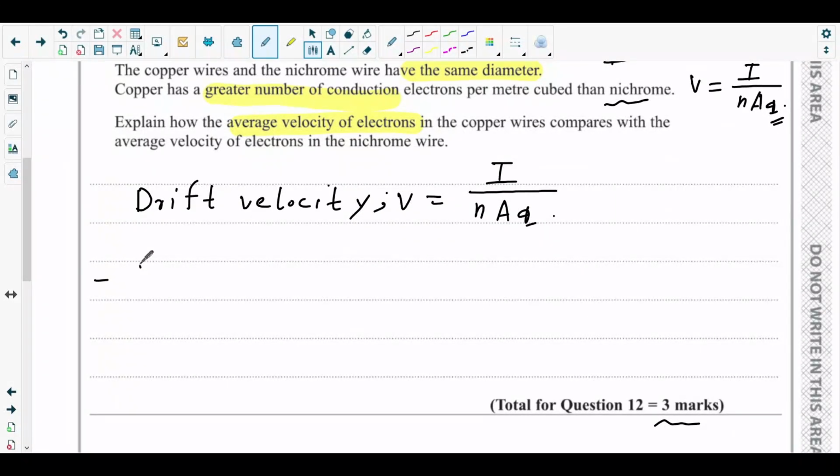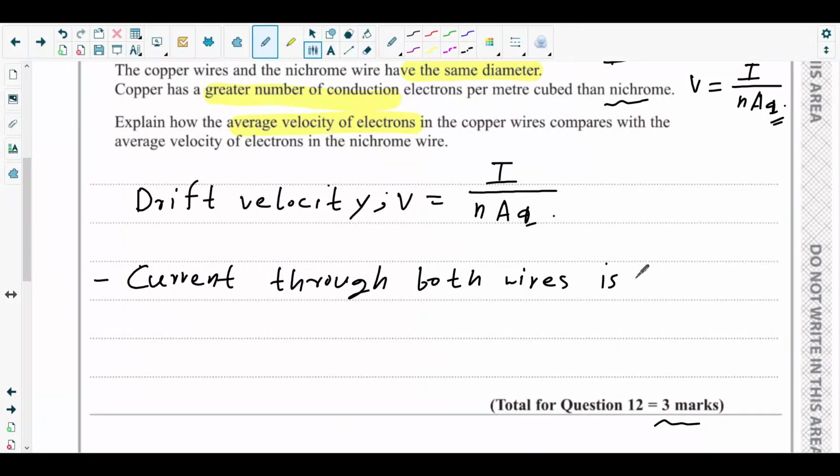So the current through both wires is constant as they are in series.